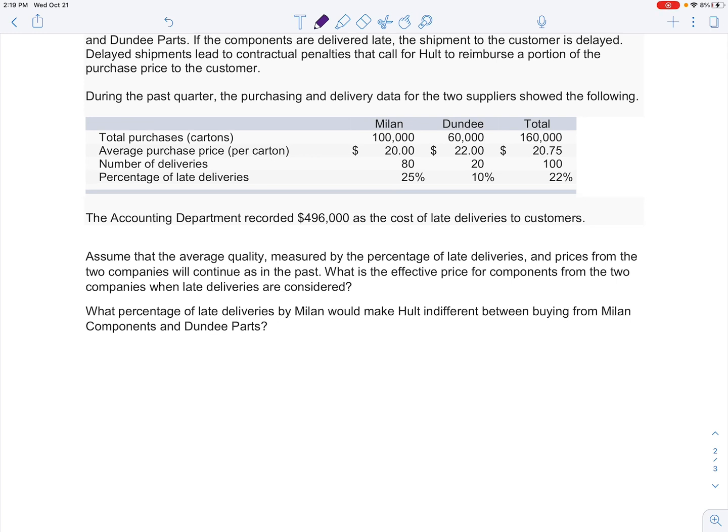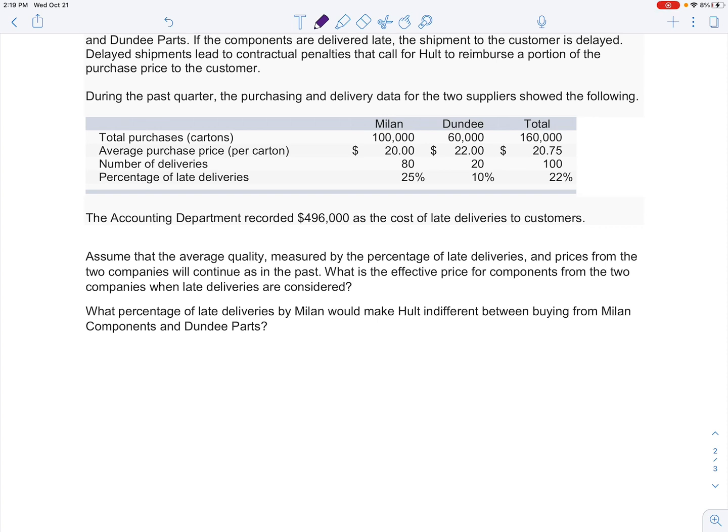It says the accounting department recorded $496,000 as the cost of late deliveries to customers.